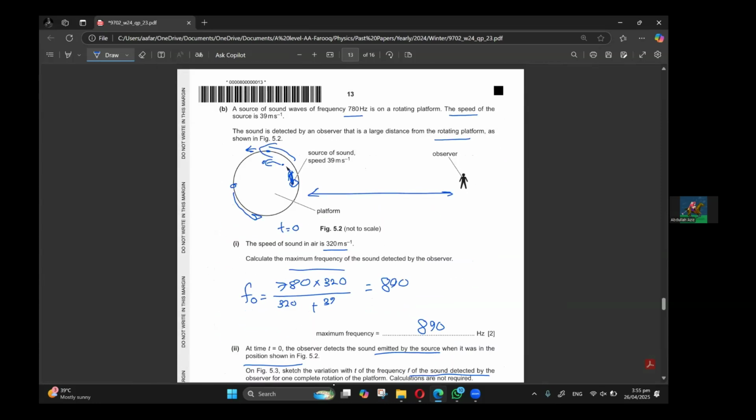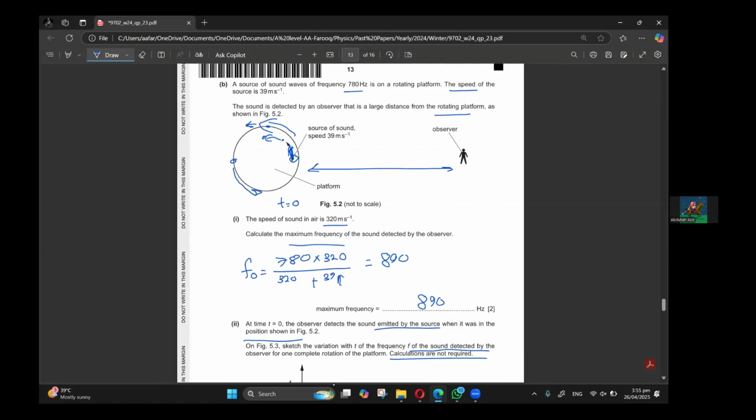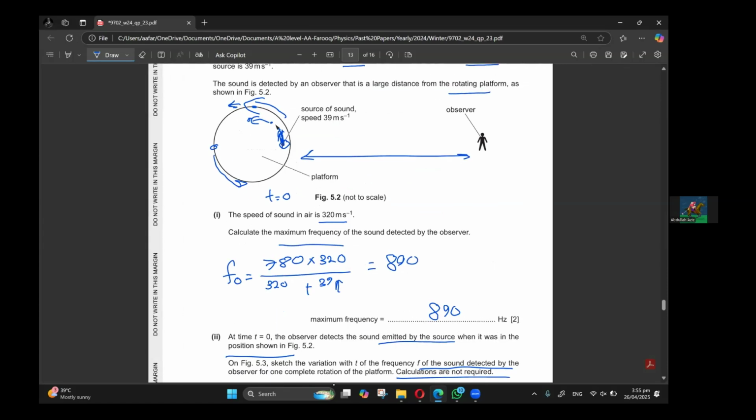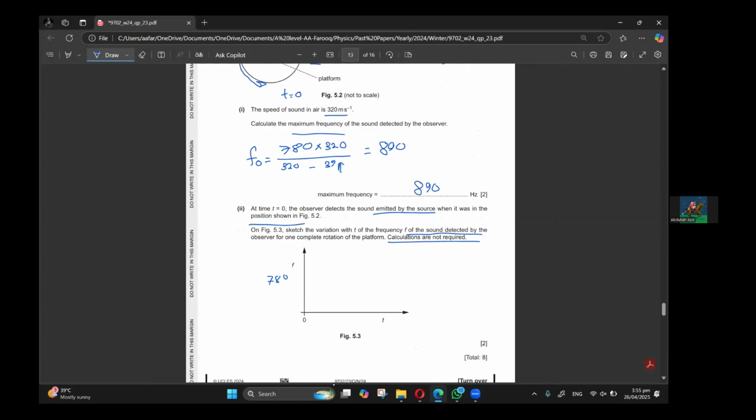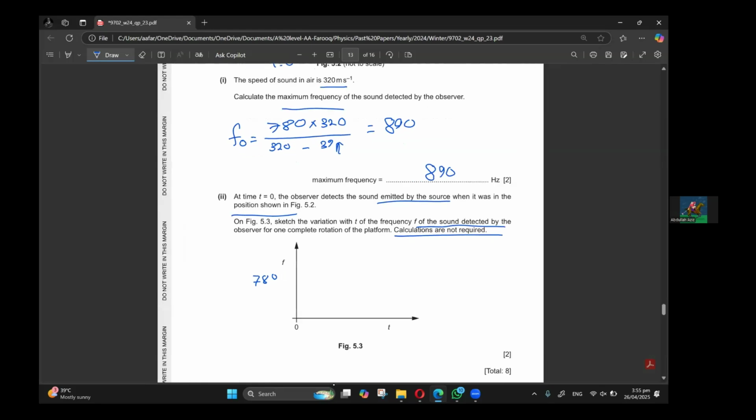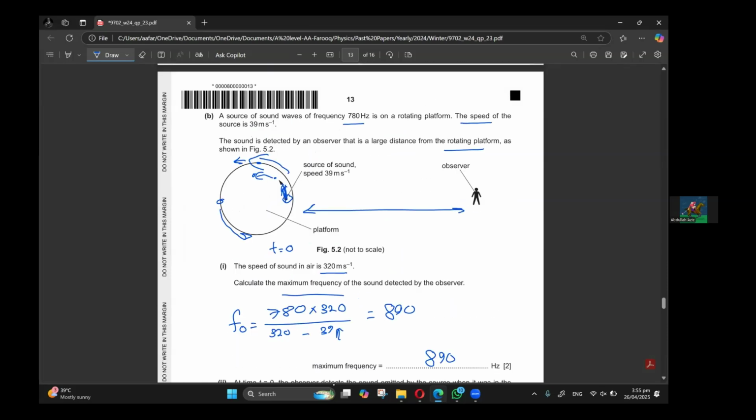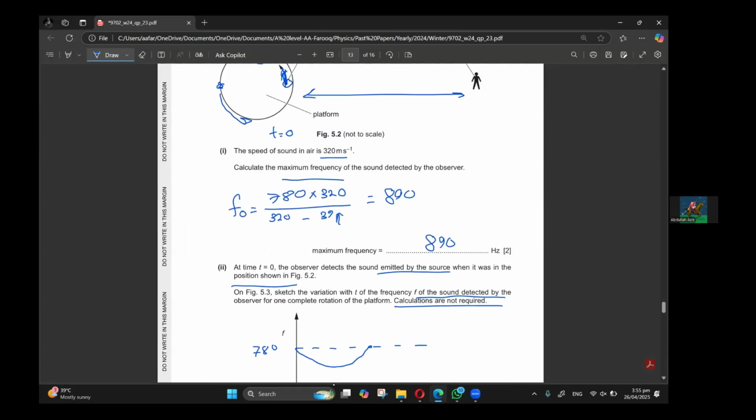So if its speed is gradually increasing, then if it's moving away, the observed frequency will gradually decrease. So the frequency over here decreases, and then it increases back to the initial position.